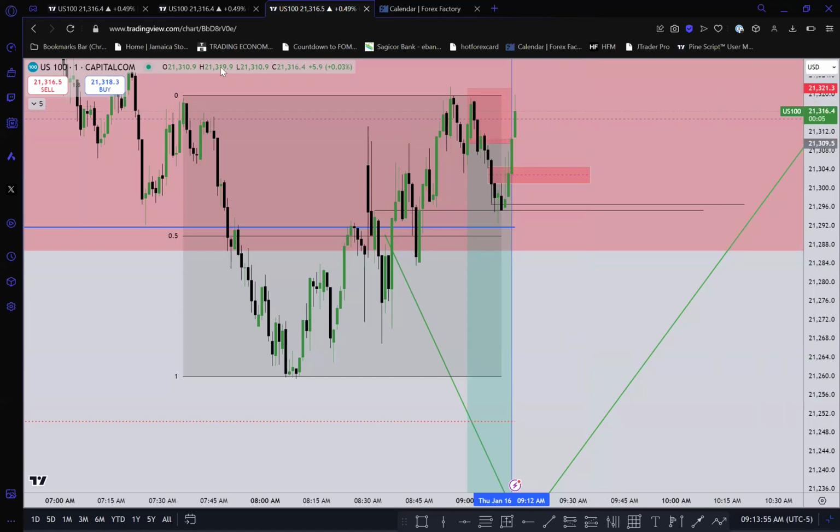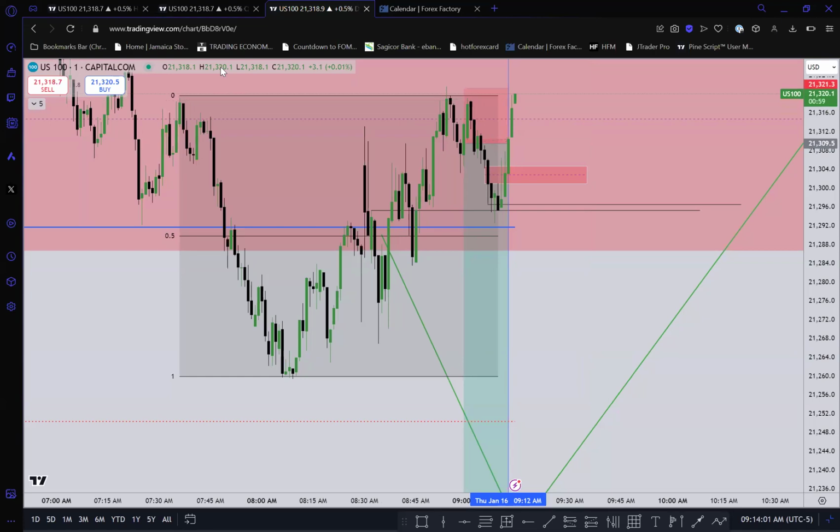Not necessarily master level, just rules. Rules. I know what happens when I stop trading the rules and start hoping. And that's what we don't want to do.